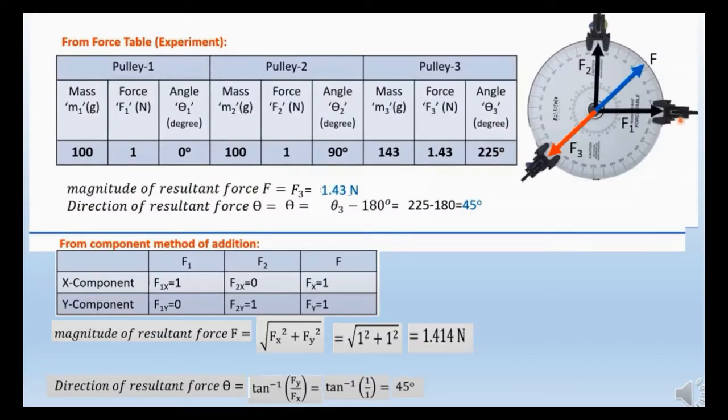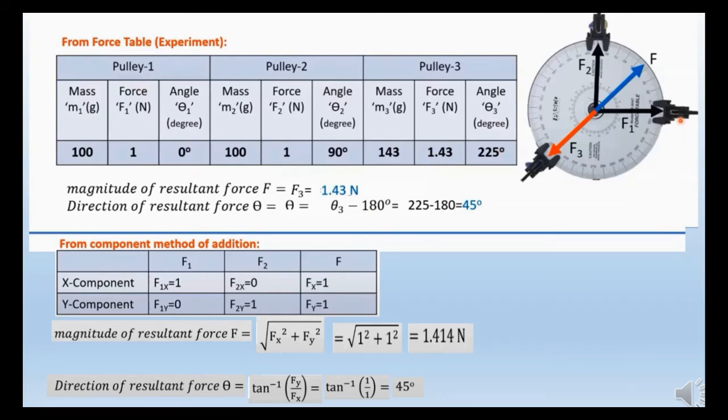From the force table experiment, there are pulley 1, pulley 2, and pulley 3. Pulley 1 mass is 100 grams, force F1 equals 1 Newton, and angle theta 1 equals 0 degrees. Pulley 2 mass equals 100 grams, force equals 1 Newton, and angle equals 90 degrees. Pulley 3 mass is 143 grams, force 1.43 Newton, and angle is 225.